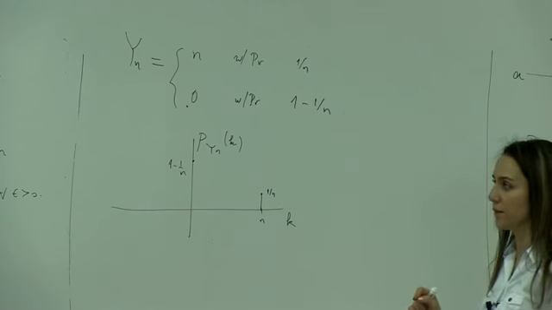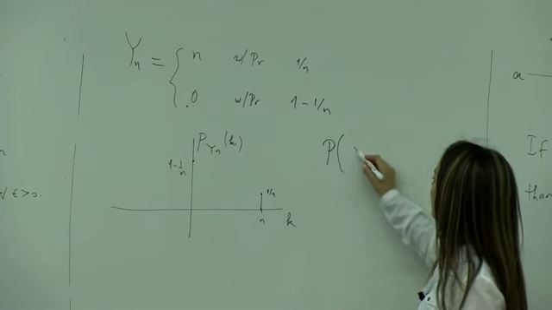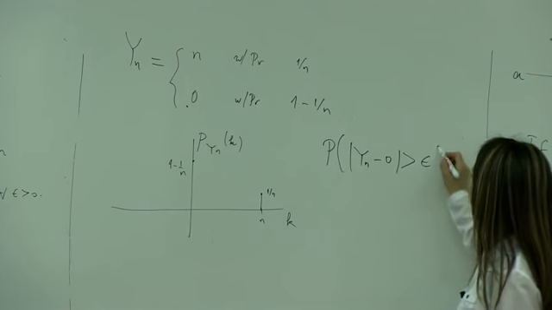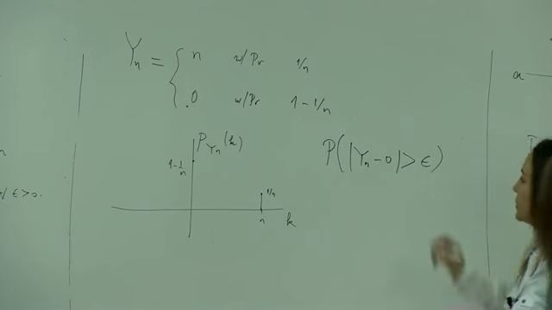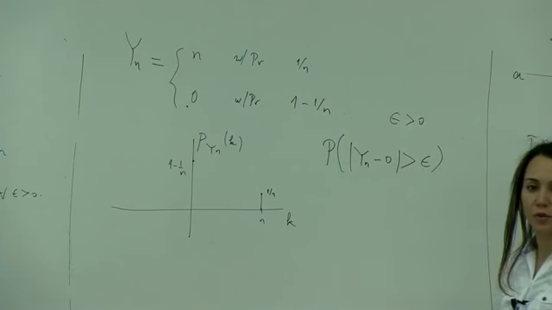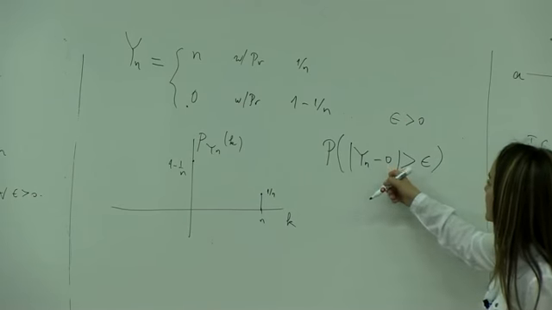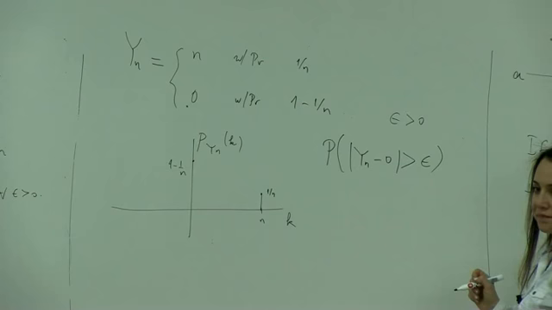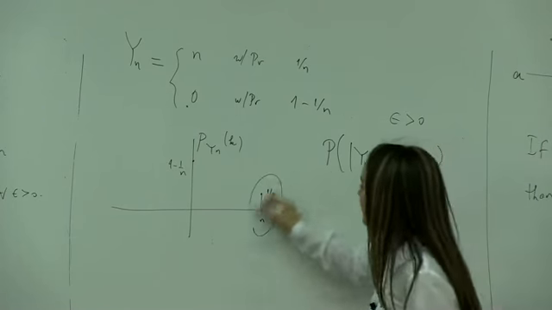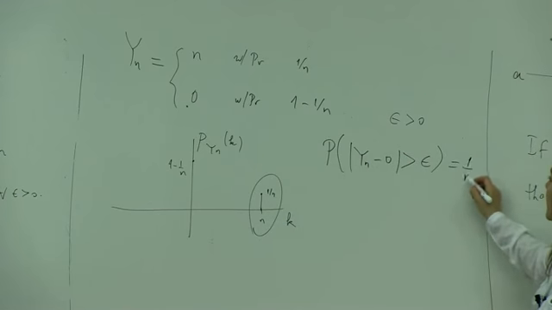Let's check this. Let's compute the probability that |Yn minus 0| is bigger than epsilon, where epsilon is any arbitrary positive number. The probability that Yn is bigger than epsilon in absolute value is basically the probability that Yn is not 0, which is 1 over n exactly.